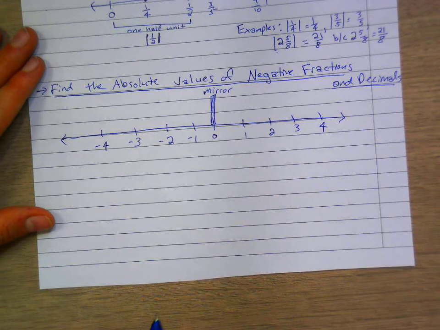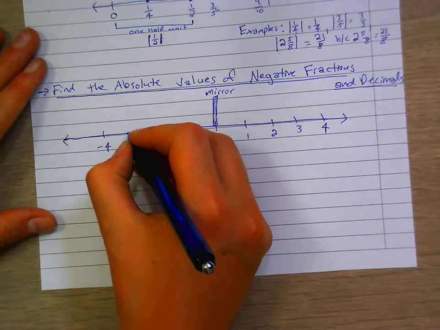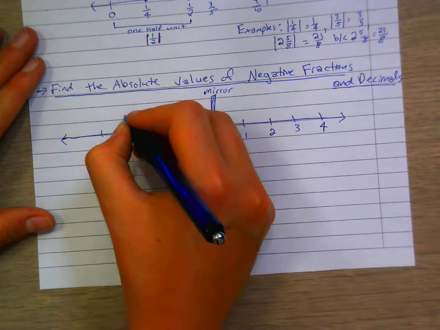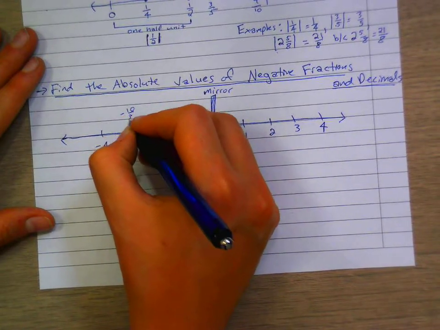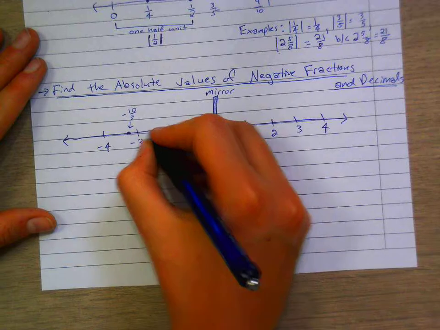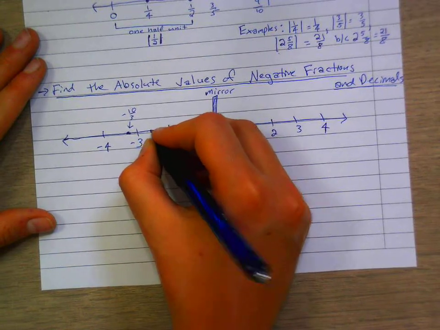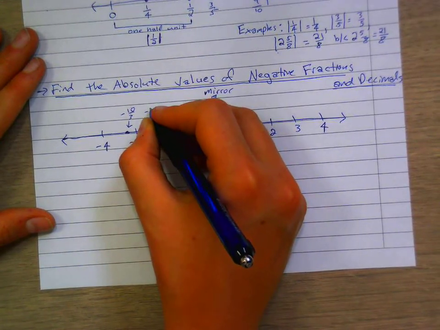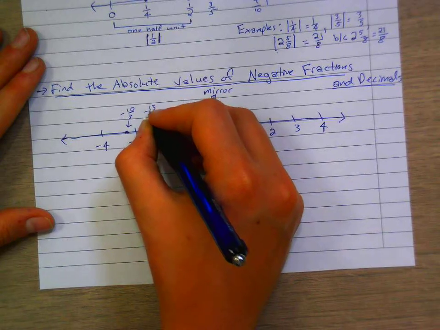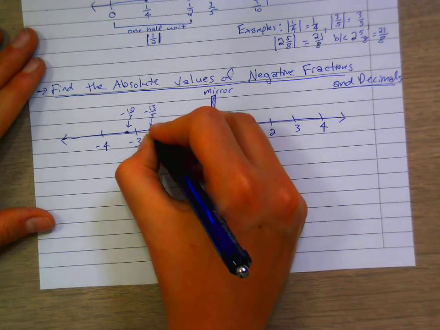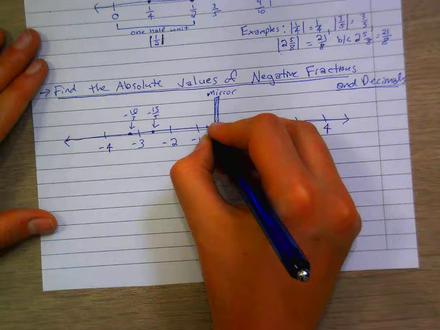Right here we have the point -10/3. Right here we have the point -13/5. We also put on the -1/2.